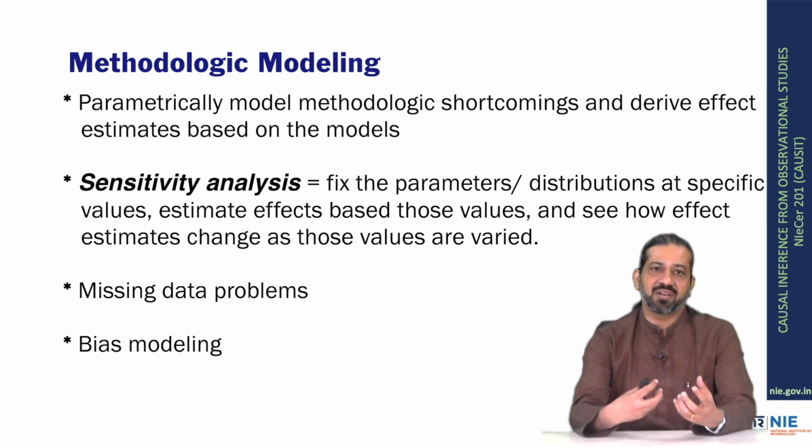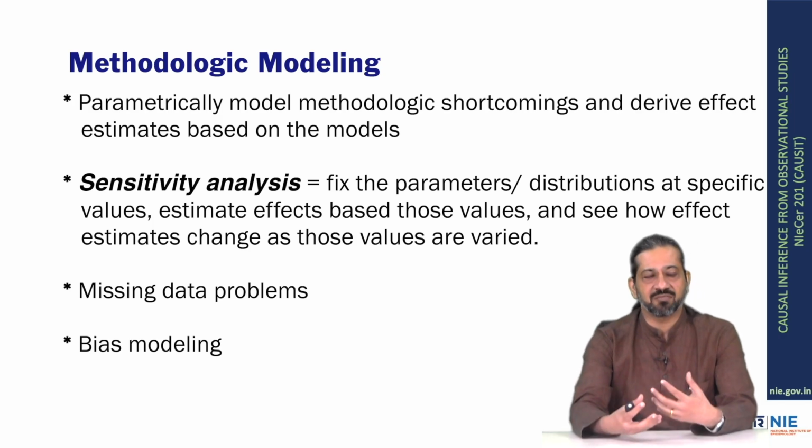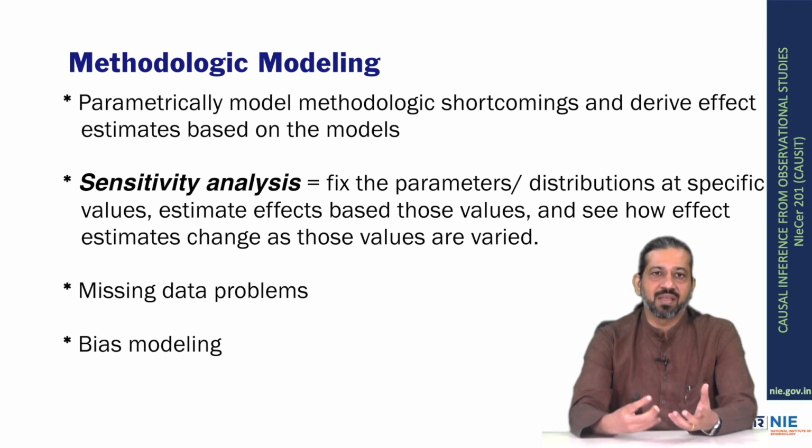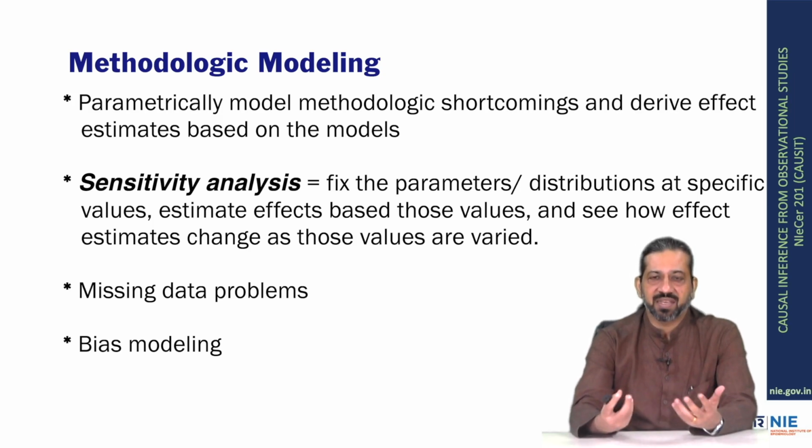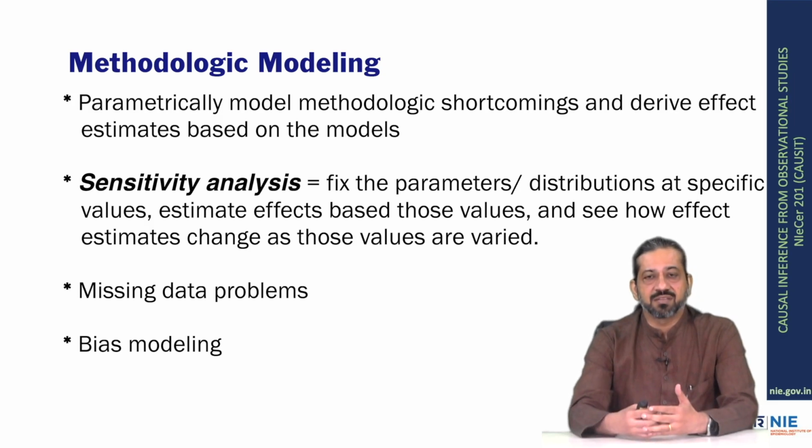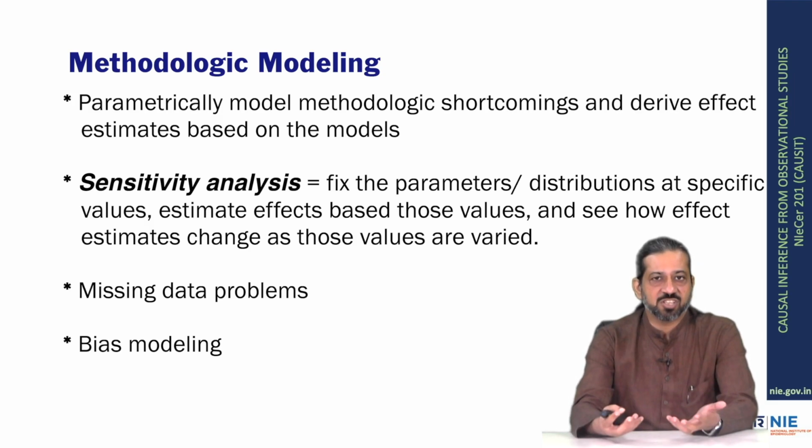So if there were other confounders that we did not measure, how would that relate to the exposure assignment and the outcome? And if we included those in our analysis, how would it change the result? We also have more complex modeling methods to quantify the various biases: to quantify confounding, to quantify biases due to selection of study participants, due to measurement errors, and so forth.